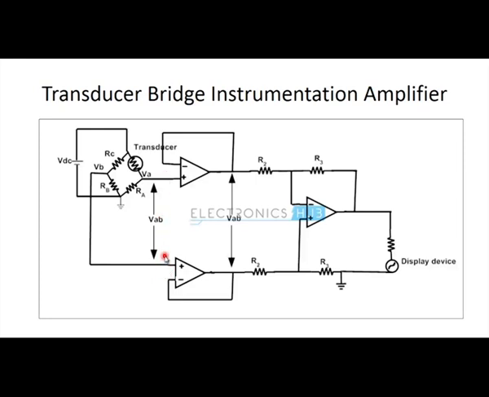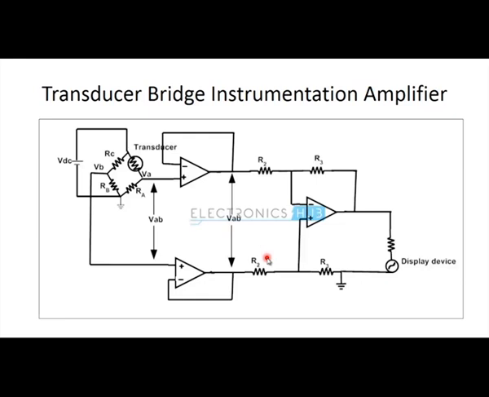There will be equal voltages seen when the bridge is balanced, and once the physical quantity to be measured is changed, then the resistive transducer will change its value, and the bridge will get unbalanced, and there is a difference between these two input voltages, and this is the input voltage for the instrumentation amplifier, which is going to be amplified by the amplification factor of the instrumentation amplifier, or you can say the differential amplifier, which has a high CMRR. So, it is going to reject the noise and it is going to amplify the very low level of input signals in the physical quantity, and it has been displayed here.